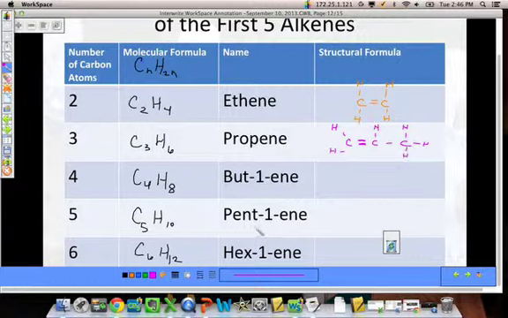And that is propene. But-1-ene, I have 4 carbons in a row, and my double bond is going to be between my first and second carbon because of this 1 here, means it has to be on the first carbon. And then I fill it out with the rest of my hydrogens.